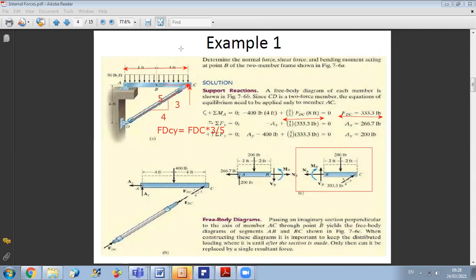I did a reduction of the distributed load here in order to calculate the external reactions, okay? But when I want to determine internal forces, I cannot say that the internal forces will be equivalent if I have a concentrated force and if I have a distributed load.